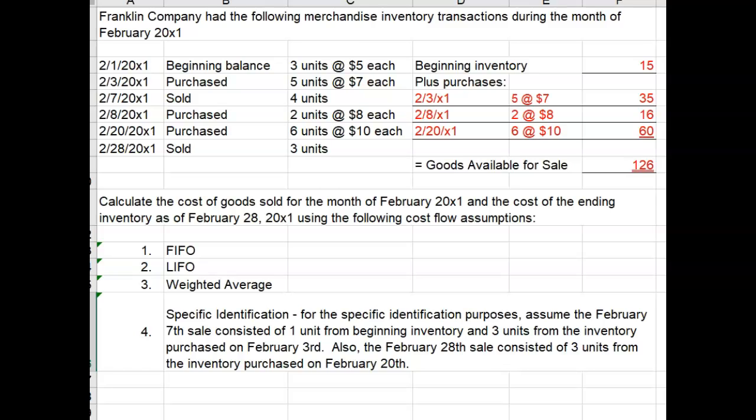So given this piece of information, we can flip this upside down and this also would be true. Ending inventory plus cost of goods sold has to equal goods available for sale. Again, a very powerful check for our work.